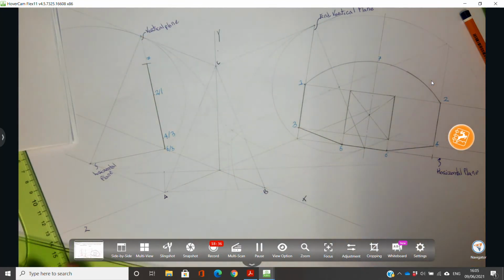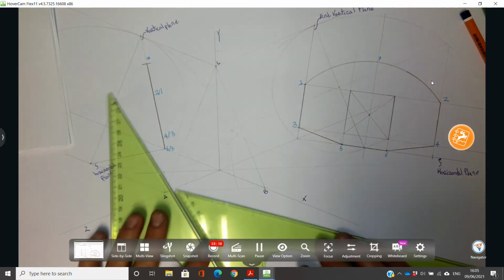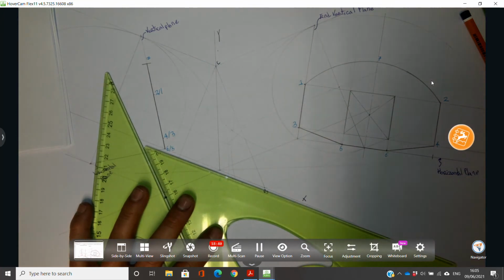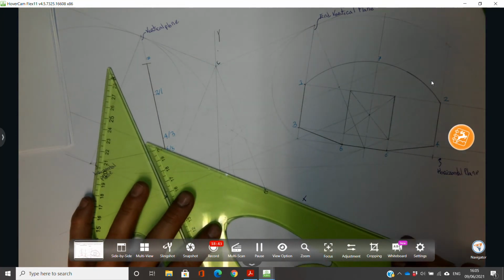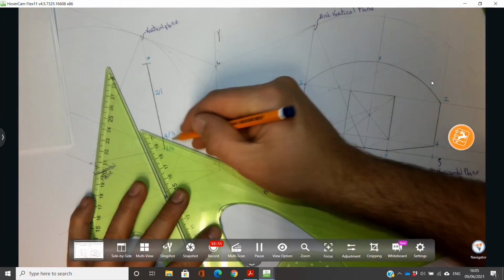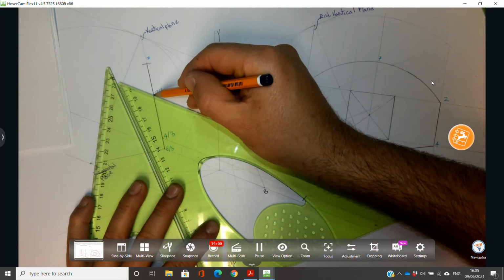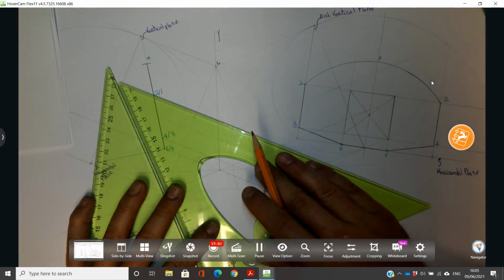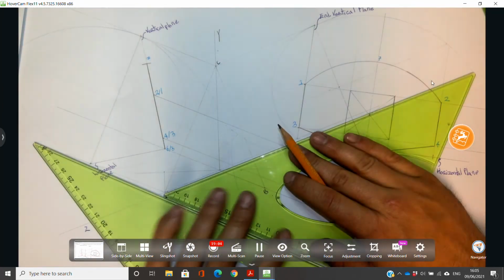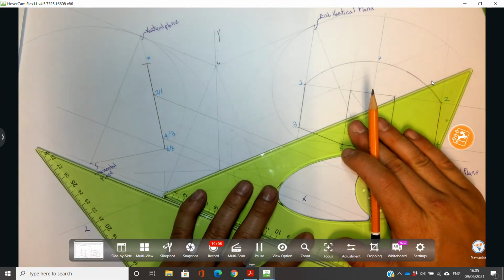Okay, so I'm going to bring the point 4 and 3 and 2 and 1 down parallel to their respective axes in each view. So 4 and 3 down parallel to the x-axis, and 2 and 1 down parallel to the x-axis from end elevation or end view.